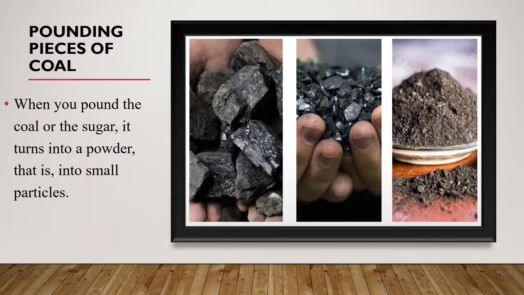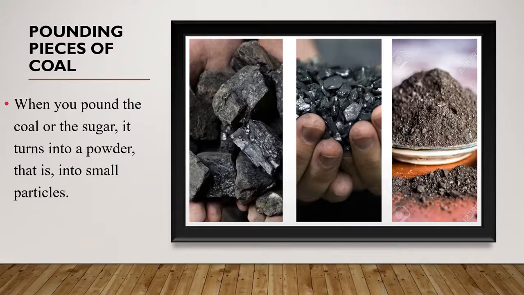Now if you have a few pieces of कोयला, ठीक है? If you take coal and try to hammer it out, if you try to pound it, you will find that the coal will turn into small pieces first, and then into a small fine powder-like substance. So that is pounding pieces of coal. When you pound the coal or the sugar, it turns into a powder, that is, into small particles.